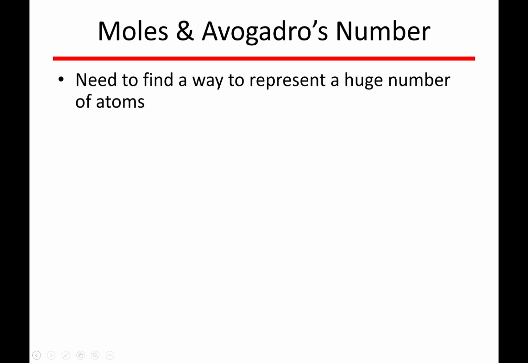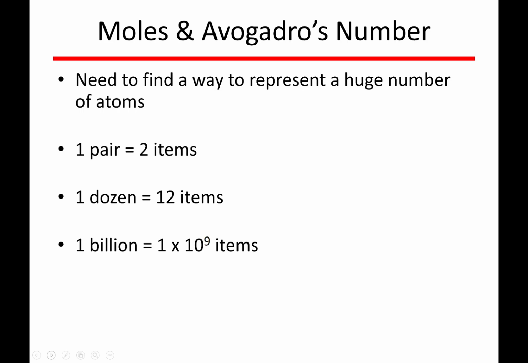Now, a mole is just a word that stands for a number. And we have lots of words that we use that represent numbers. Let's take a look at a few examples. For example, sometimes people use the word pair, and that indicates that you have 2 items. People will often use the word dozen, which stands for 12 items. The word billion stands for 1 times 10 to the 9th items. And the word mole is just a number. It stands for the number 6.022 times 10 to the 23 items.